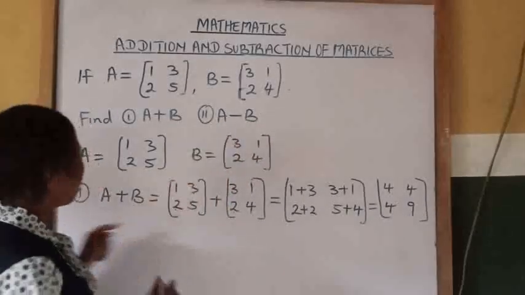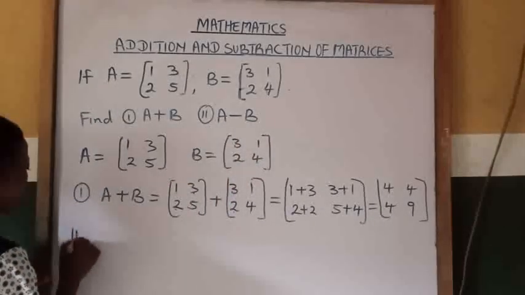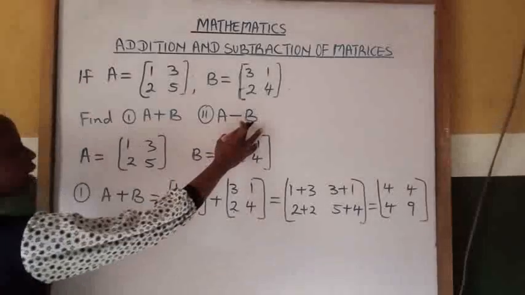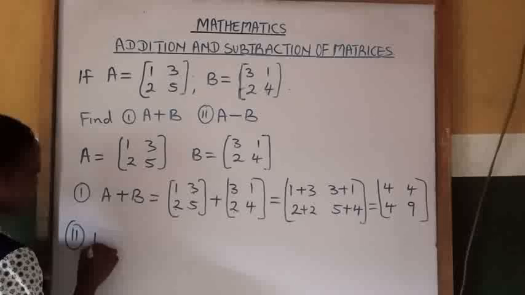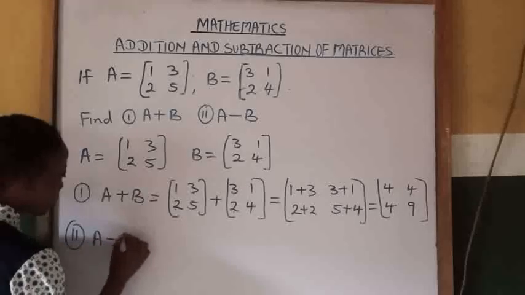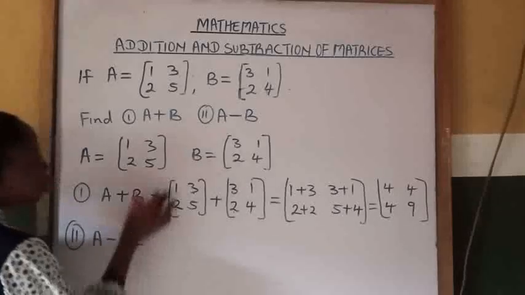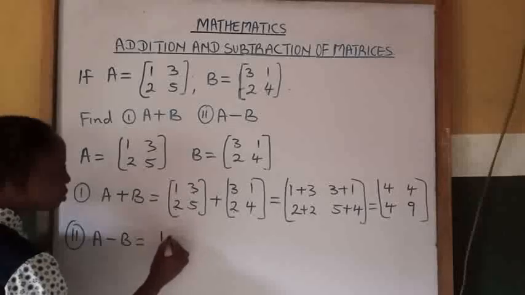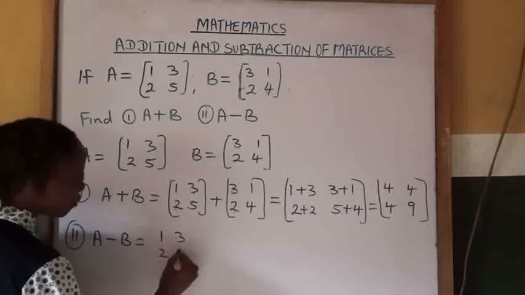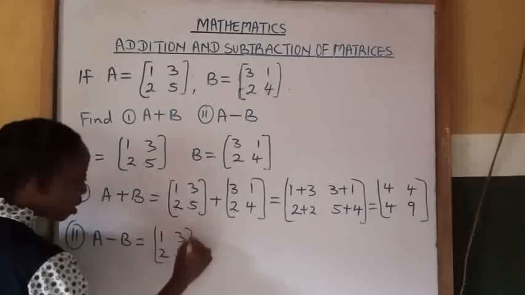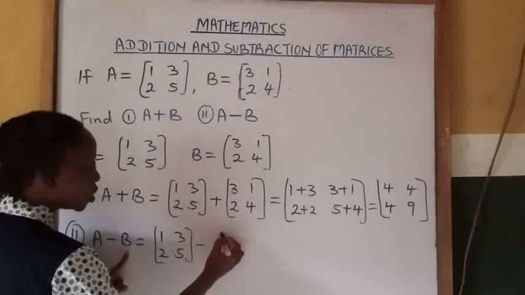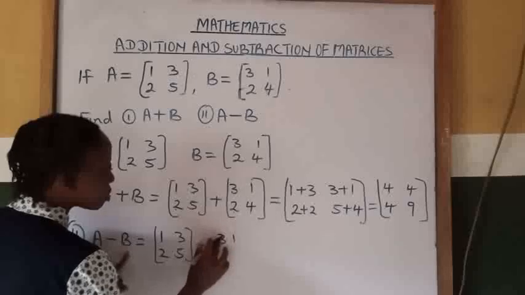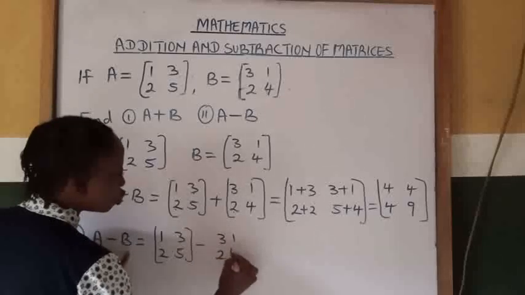So let's solve question 2, Roman figure 2. We want to take away matrix B from matrix A. That's A minus B equal to matrix A, which is 1, 3, 2, 5, minus matrix B, which is 3, 1, 2, 4.